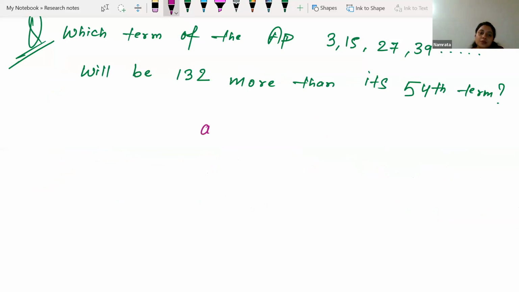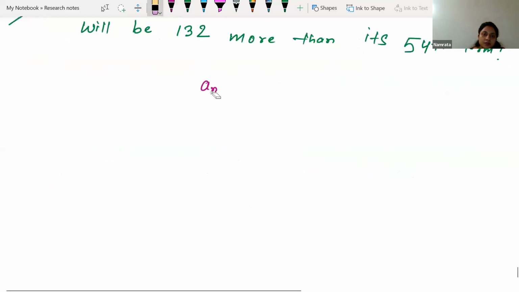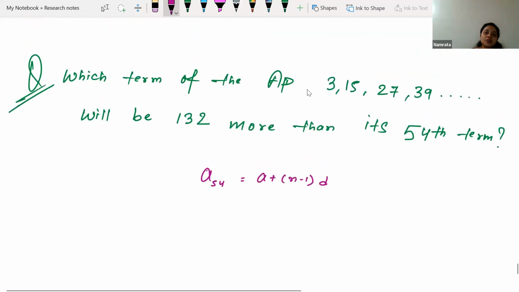So 54th term will be an is equal to a plus n minus 1 into d. What is a? What is n? Here we can see a is 3, d is 15 minus 3, that means 12, and n is 54.